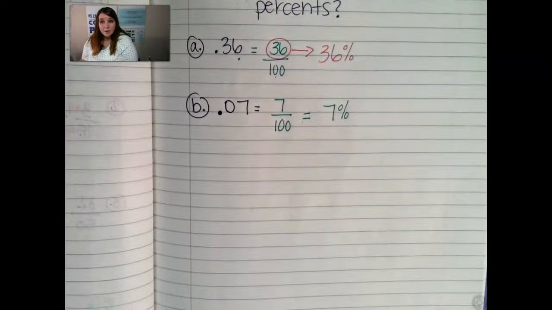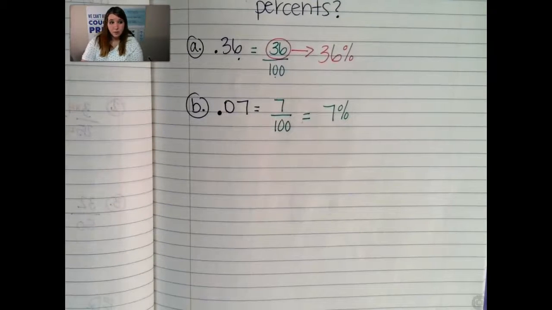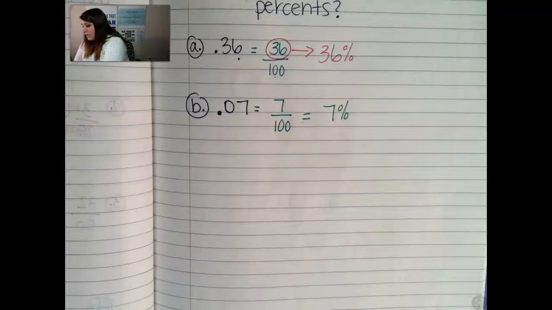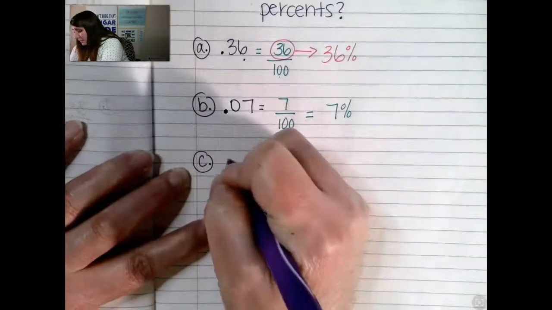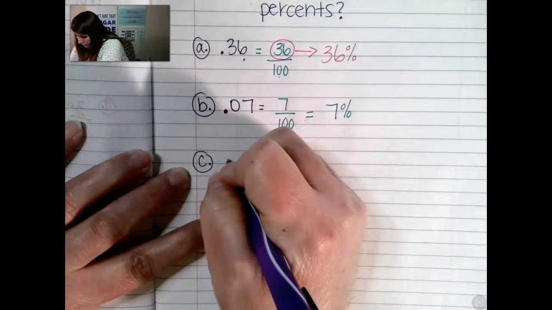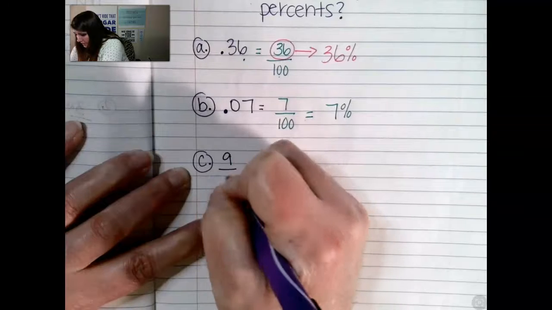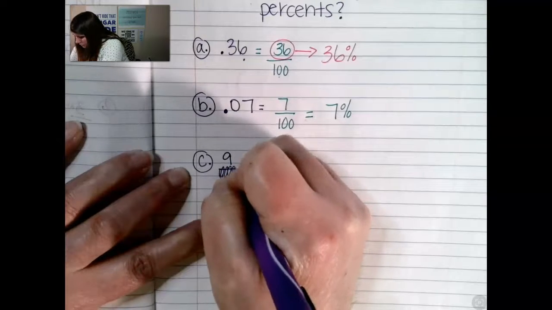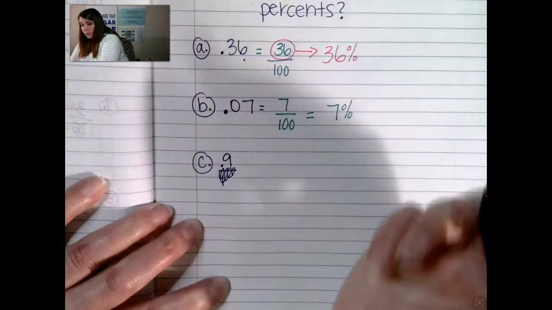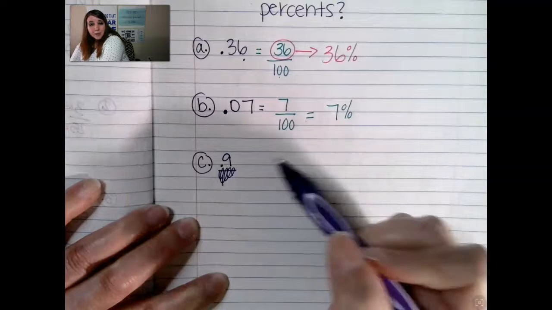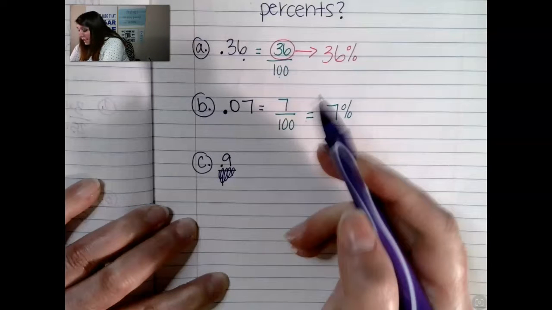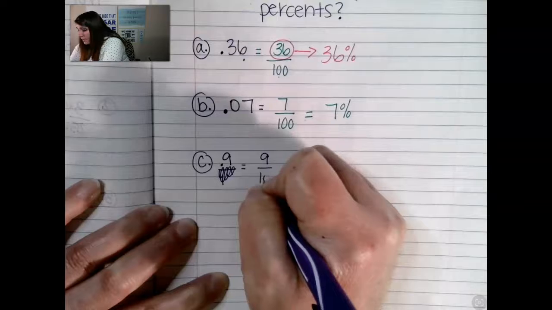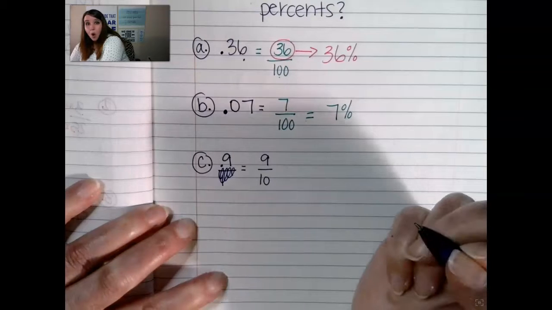Okay, now how about this one? Let's say that I have a decimal and it is 0.9. We can read this one as 9 tenths, right? So 9 tenths because it's in the tenths place.